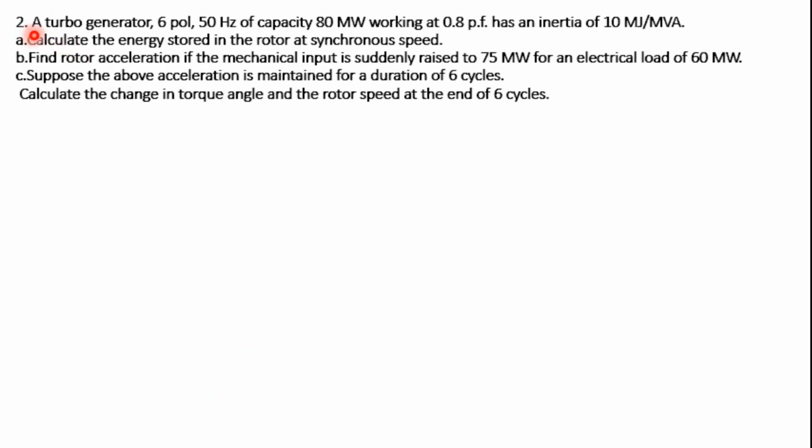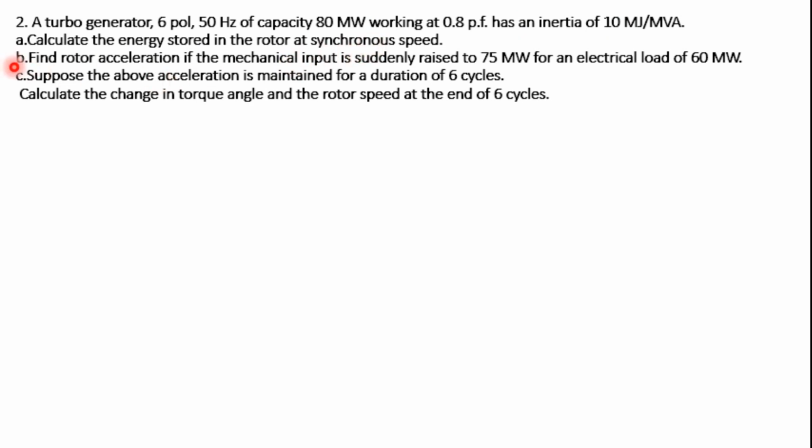Consider a 6-pole 50 Hz turbo generator of capacity 80 megawatt working at 0.8 power factor, with an inertia of 10 megajoule per MVA. Calculate the energy stored in the rotor at synchronous speed.